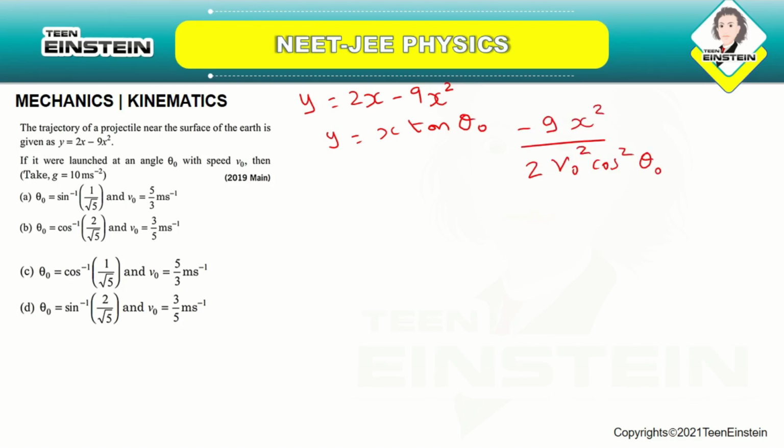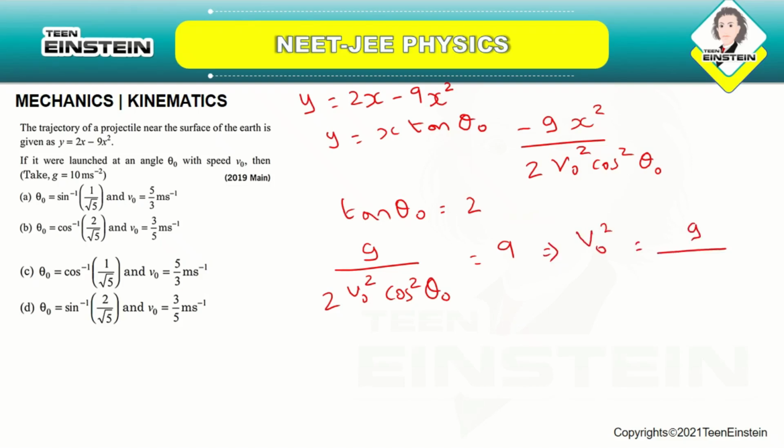Comparing these two equations, you can easily find out tan theta naught is equal to 2 and g by 2 v naught square cos square theta naught is equal to 9, or v naught square is equal to g by 9 into 2 cos square theta naught.